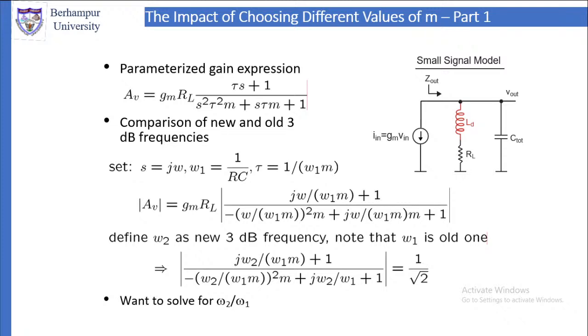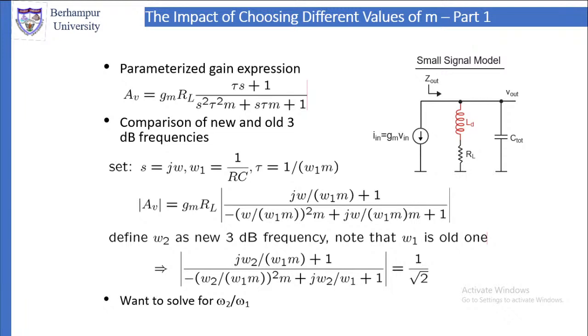Before parameterization we have already seen where the frequency becomes half. After parameterization, let us compare them. Now in this what we will do, we will set S is equal to j omega. Omega 1 we have already seen before parameterization. Omega 1 is equal to 1 by RC. After parameterization we have seen tau is equal to 1 upon omega 1 m.